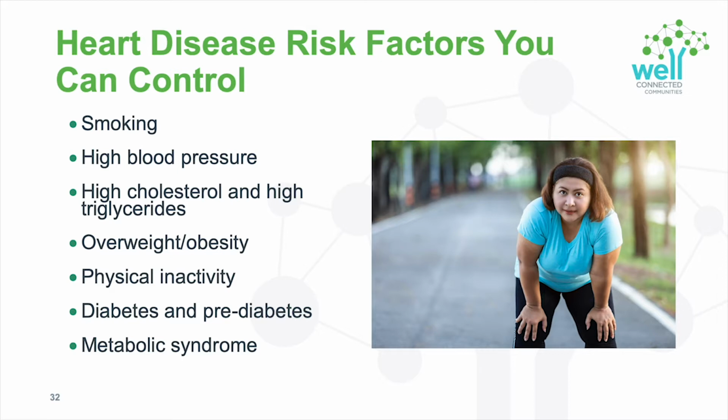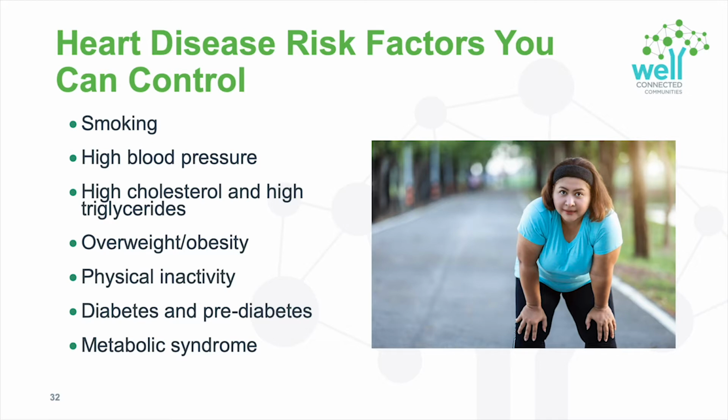Risk factors you can control are smoking, high blood pressure, high blood cholesterol and high triglycerides, overweight and obesity, physical inactivity, diabetes and prediabetes, which we'll discuss in a few minutes, and metabolic syndrome, which is the name for a group of risk factors linked to overweight and obesity.